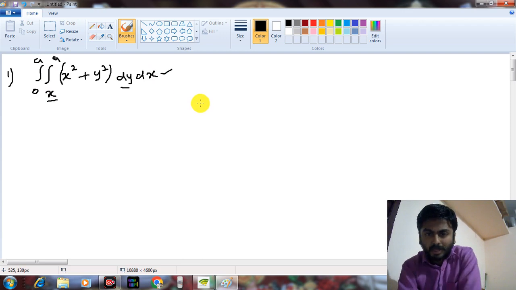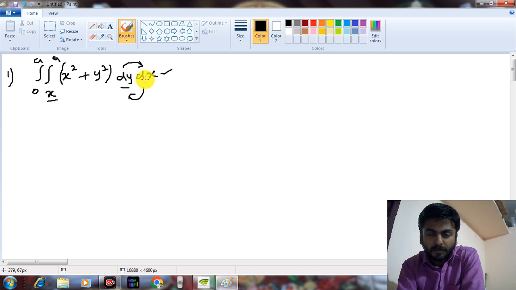So we can approach the double integration after changing the order of integration. Why? Because here x is in the lower limit and a constant is in the upper limit. So we prefer to solve it by changing the order. That is, we have to bring this x here and bring this y after x. That is, dx should be first and dy should be next.